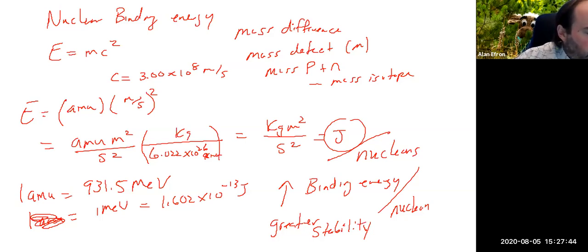So for example, iron 56, if you remember on that chart, has the highest binding energy per nucleon and is the most stable. So again, nuclear binding energy per nucleon is another useful way to look at stability. We also talked about kinetics involving radioactive decay, and all radioactive decay follows first order kinetics.